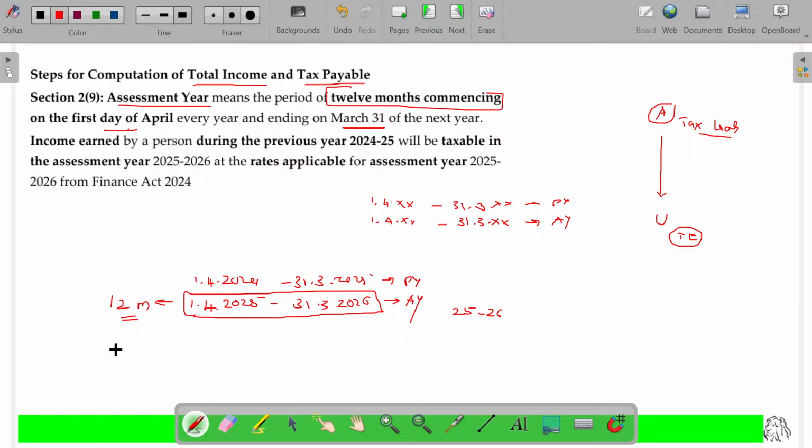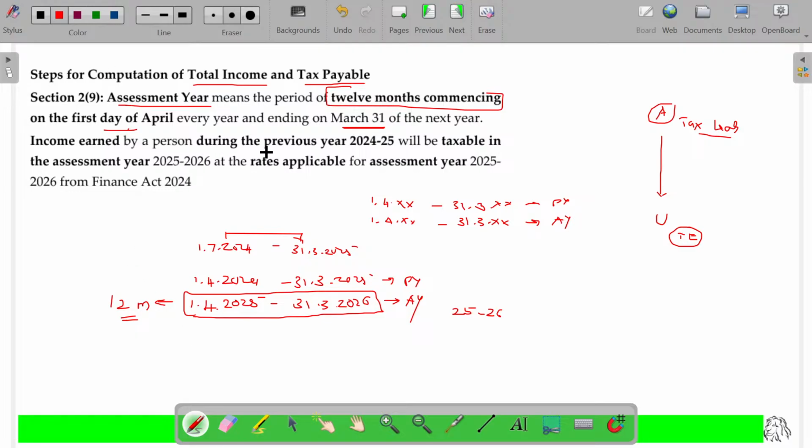Not necessarily 12 months. Because sometimes a business is newly started halfway through the year, probably on 1st July 2024. If the business started on 1st July 2024, then naturally we have to start calculating from that date to 31st March 2025. For this particular case, the previous year is not necessarily 12 months; it may be less than 12 months also.